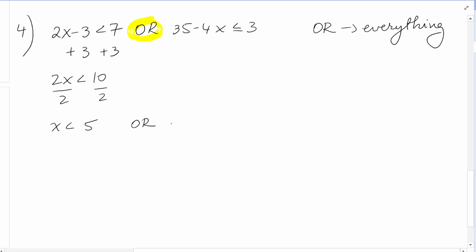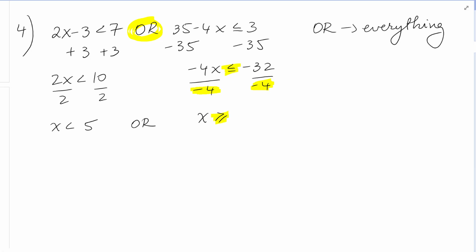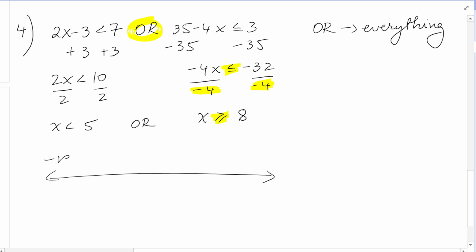Or, let's see what the other produces. Subtract 35 from both sides. Negative 4x less than or equal to negative 32. Divide by negative 4. And x is greater than or equal to, remember when we divide by a negative number, we flip the sign of the inequality. So x greater than or equal to 8. Let's plot this on the number line, and we have 5 and 8.